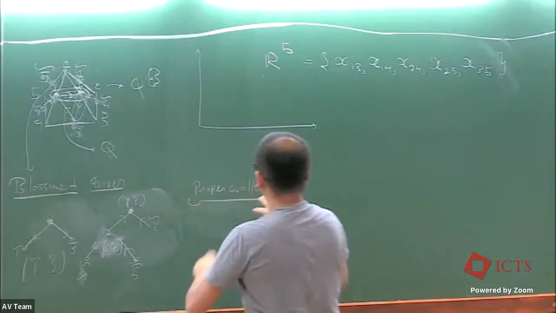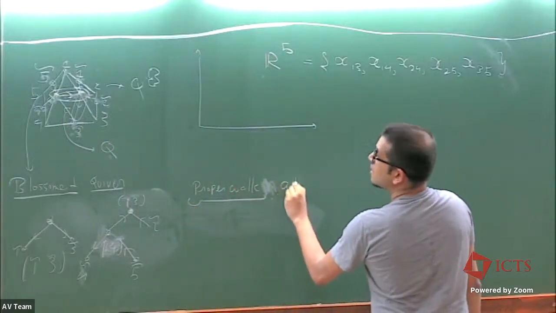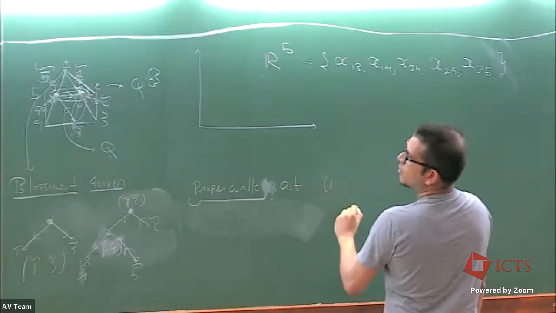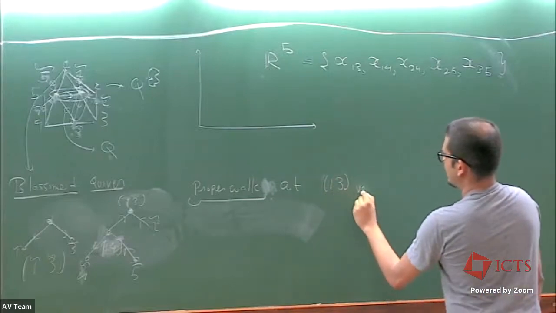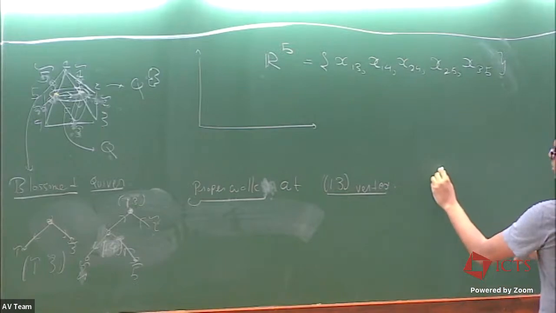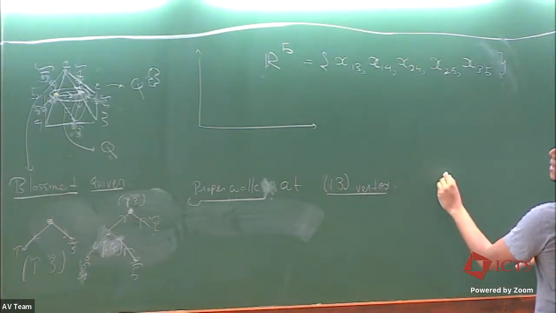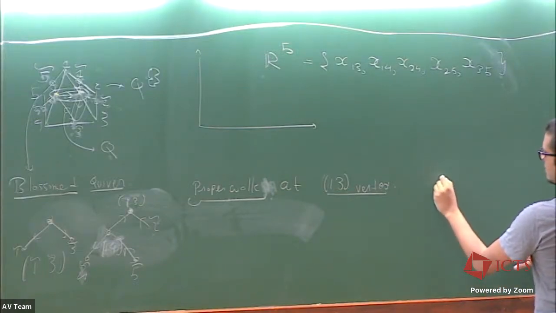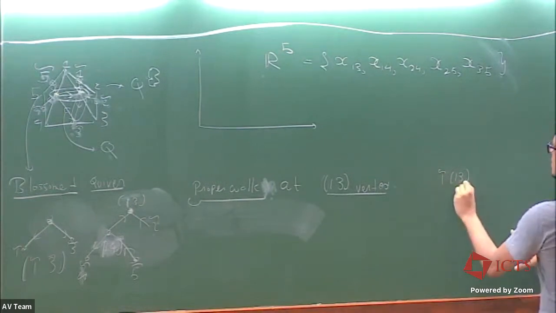So a proper walk at the 1 3 vertex: there is the following one, which is 1 tilde, 1 3, 3 tilde.